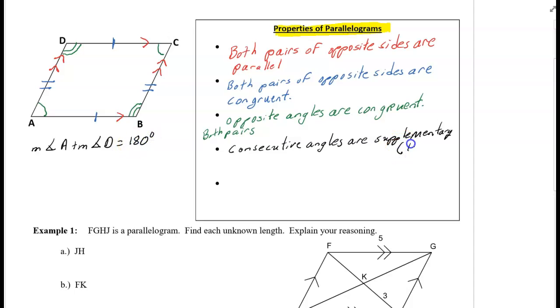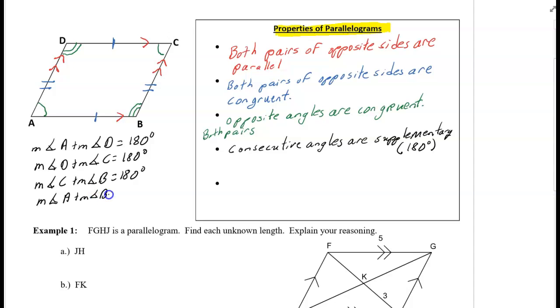Remember, supplementary means 180. Likewise, angle D plus angle C is 180. Angle C and angle B add up to 180. And angle A and angle B add up to 180.